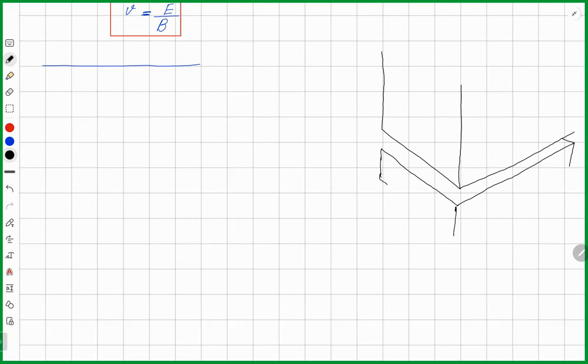This is a slice of metal in between two very strong magnets.